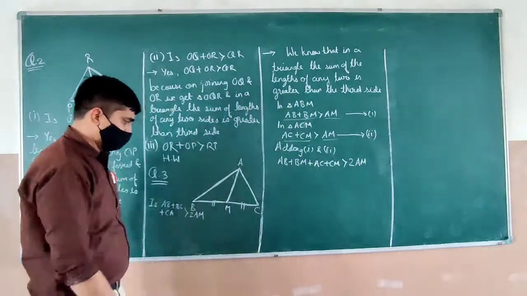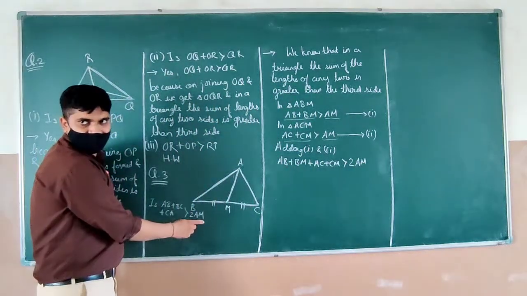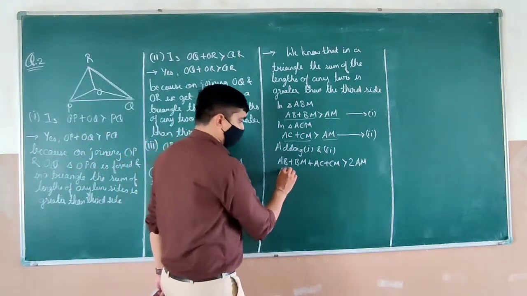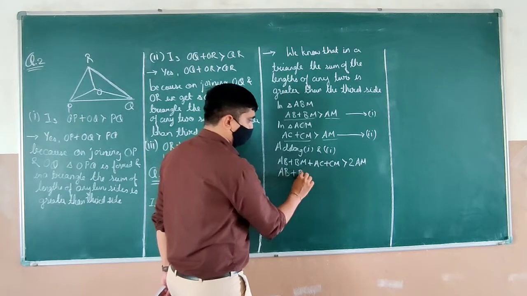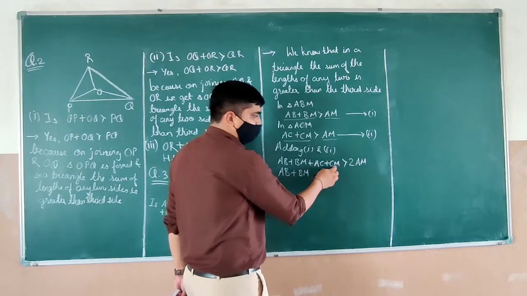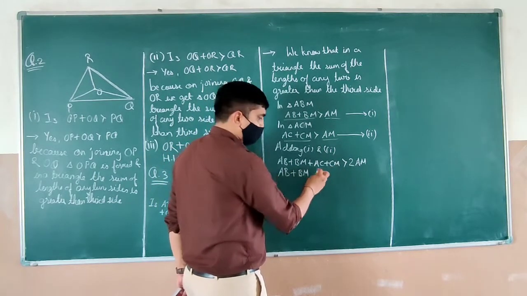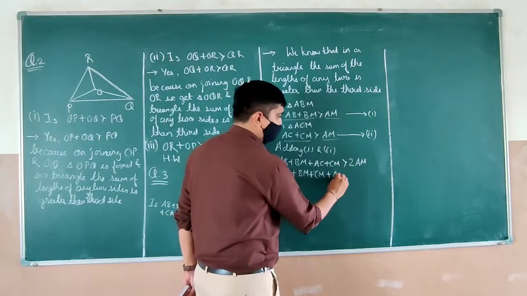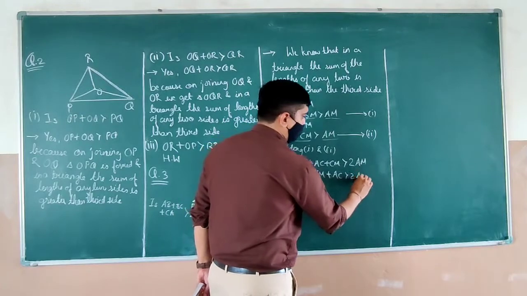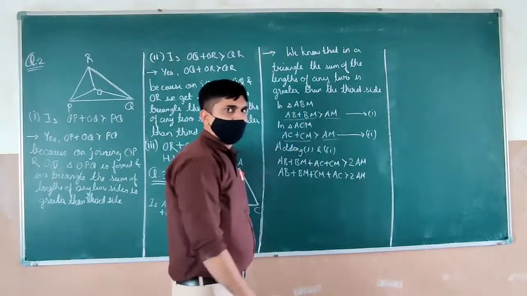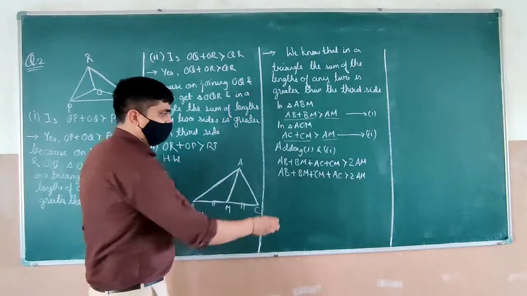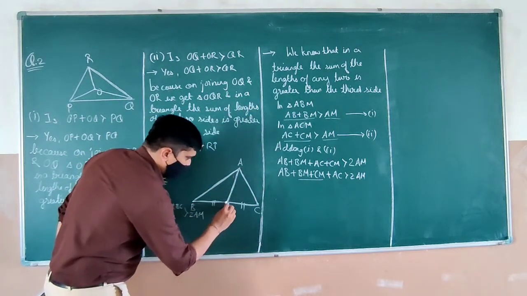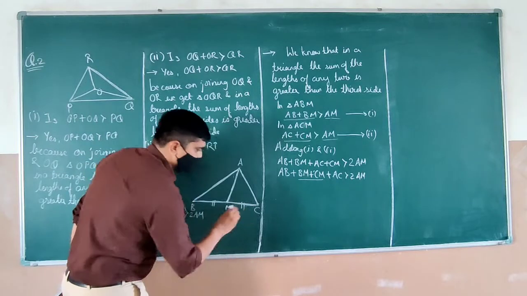Clear? Till here we have this. Now see properly. AB plus BM. Instead of CM at the last place, can I write it in front, CM and then AC? Will it create any problem? No, right? Now look carefully at this one: BM plus CM.